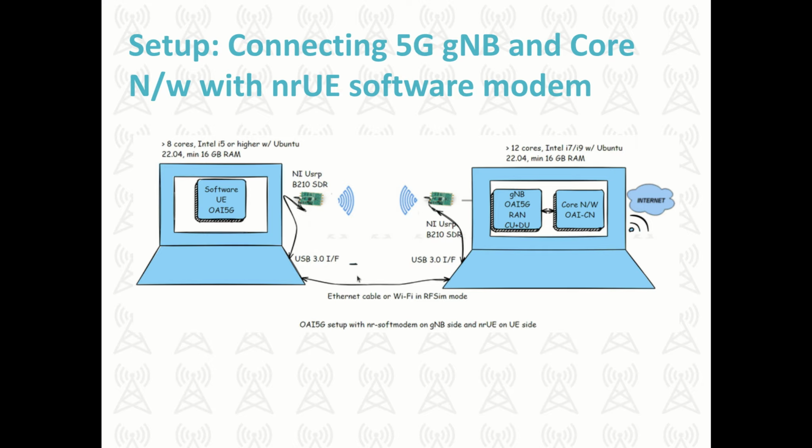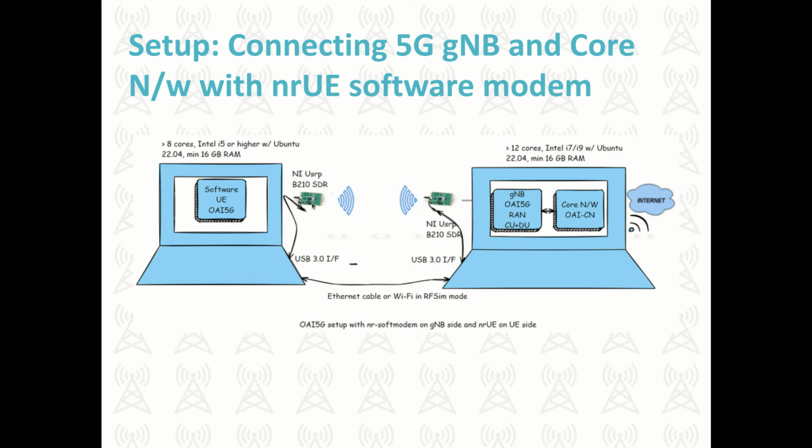If you want to run everything in RF simulator mode, then you can use the Ethernet cable or Wi-Fi. Or suppose you want to use an SDR live network with NRUE also implemented in software, then you will use one more SDR. So the NRUE is running in software and it is connected to an SDR, emulating the functionality of a mobile.